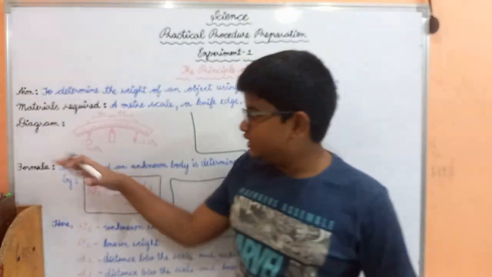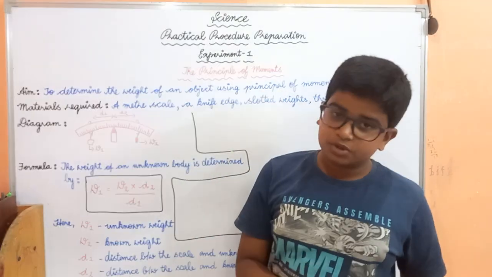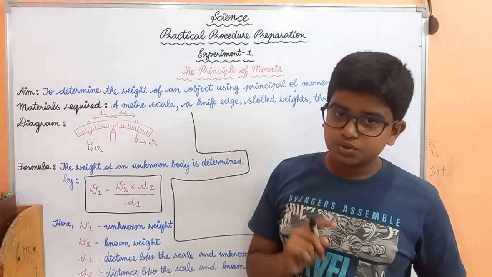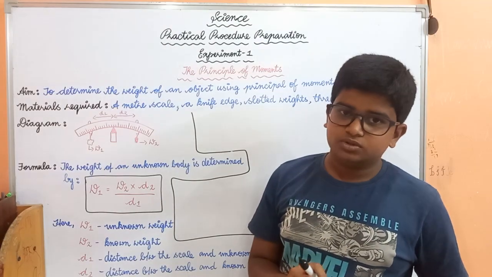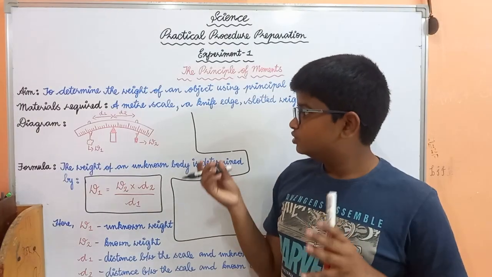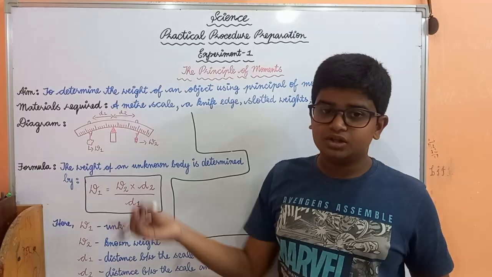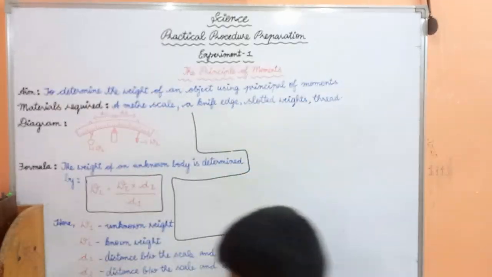You just have to write the aim, materials, diagram, formula, and procedure, not the calculations, because they will not be giving you the observations. You could have done the experiment, but they just want you to write what is given, other than doing the calculations. So now we'll be writing the procedure.